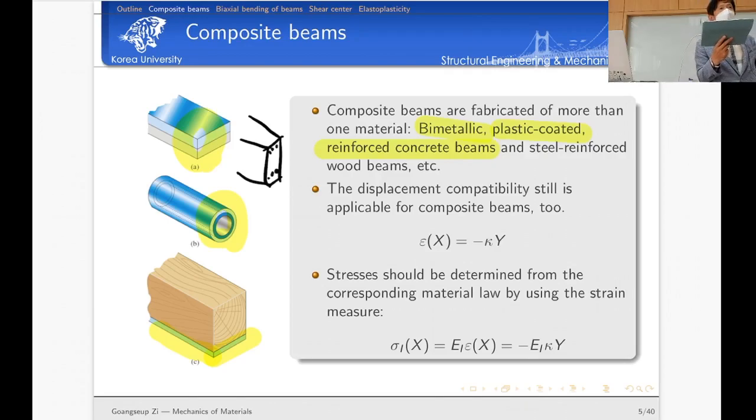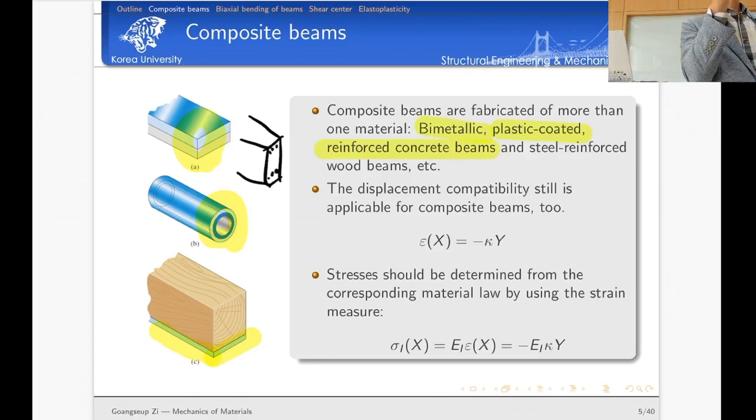So how do you define the deformation of the beam problem? As I told you, if the beam is a small deformation beam, we want to use what? We want to use the curvature, okay? The curvature to measure the deformation of the beam.